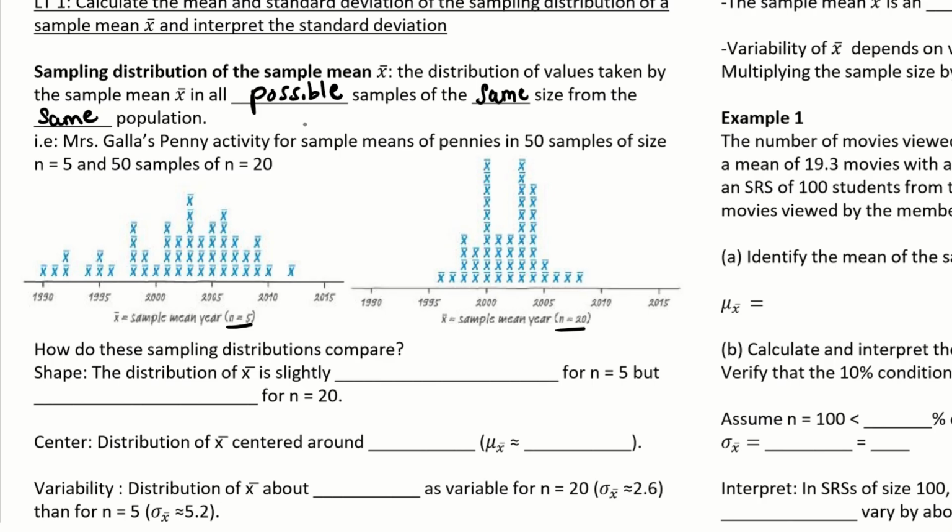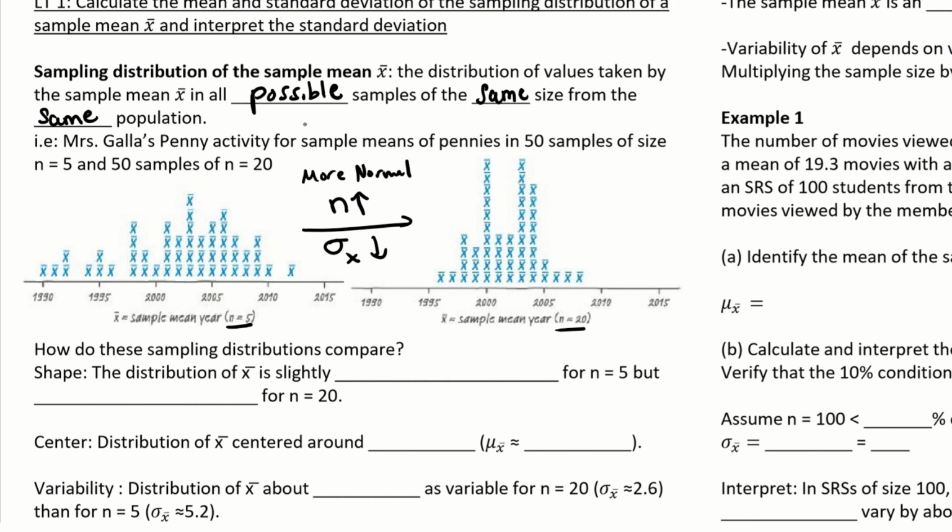Also, notice that the graph on the left is more spread out than the graph on the right. As you go from n equals 5 to n equals 20, the standard deviation goes down. So as the sample size increases, the standard deviation goes down, and the shape becomes more normal.